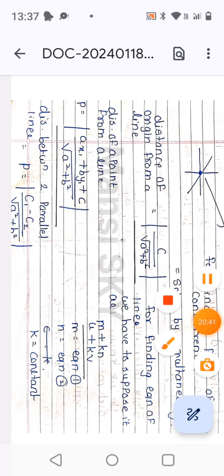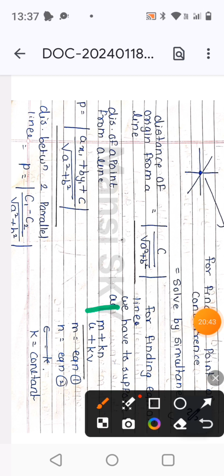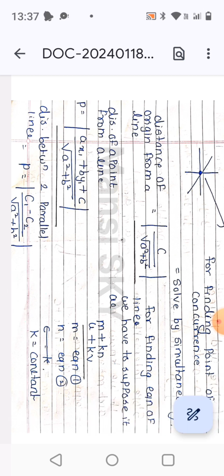Modulus is here because distance cannot be negative. The function of modulus is that if anything under the modulus is negative, then after coming out of the modulus it becomes positive. So that's why the modulus is here. The distance of the origin from a line becomes modulus of c divided by under root of a square plus b square.